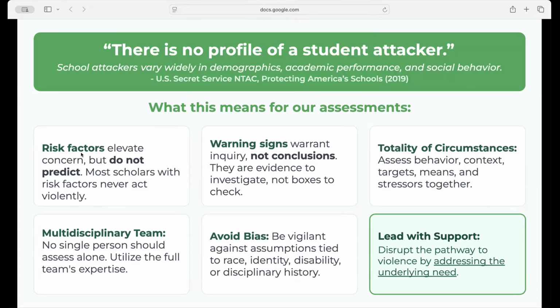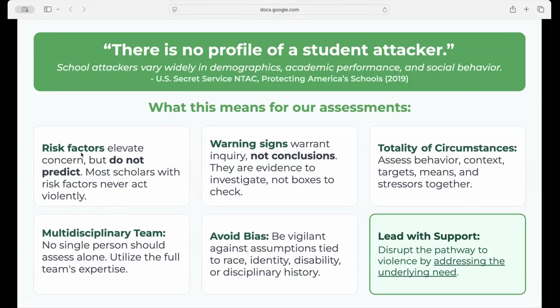And then the totality of the circumstances. We really need to assess behavior, content, target, means, and stressors together. No single person should assess alone. So make sure that you are gleaning information from multiple sources and then avoid bias. Be vigilant against assumptions tied to race, identity, disability, or disciplinary history, and lead with support as much as possible.